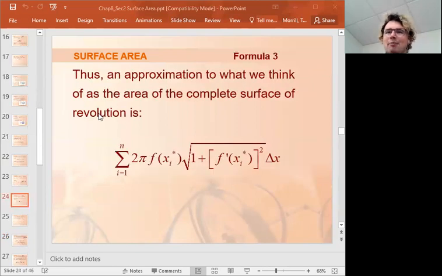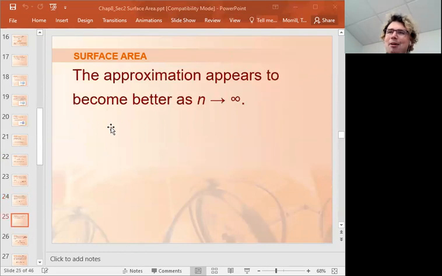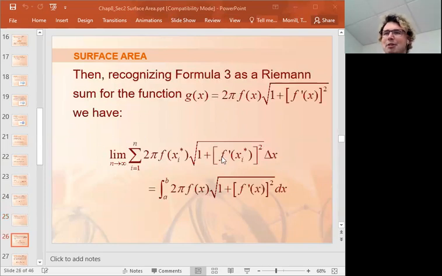I am going to add them all up using my sigma operator here. The sigma just tells me it's a whole bunch of plus signs. Just add them all up. Now, that approximation gets better the more bands that I take. So let's take n to infinity, calculate the limit of this formula, and, well, what is a limit of Riemann sums? It's an integral.